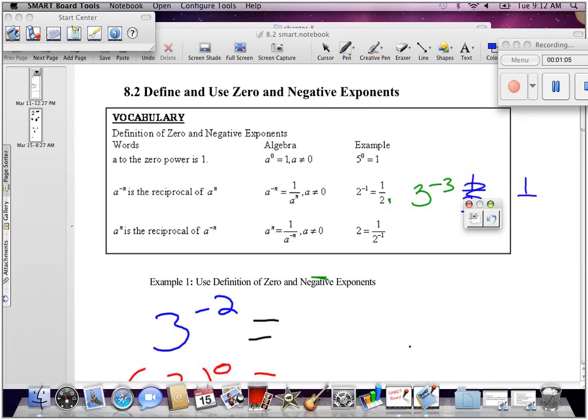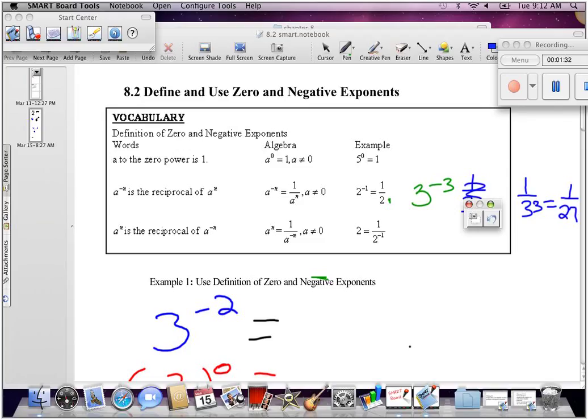Okay, so it becomes 1 over 3, and then once you flip it over, your exponent becomes positive. What's 3 to the third? What's 3 times 3? 9 times 3 is 27. So now it's 1 over 27. Okay? 3 times 3 times 3.